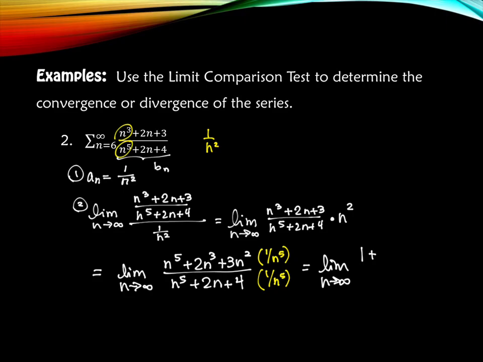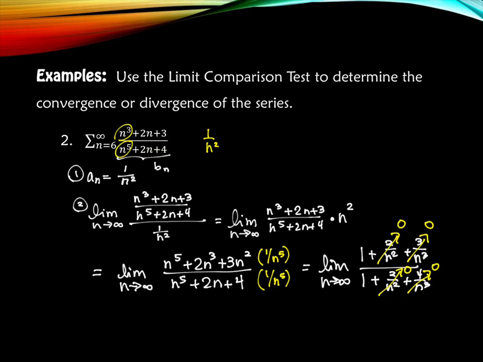So I have 1 plus 2 over n squared plus 3 over n cubed over 1 plus 2 over n squared plus 4 over n cubed. And all of these little pieces that have a constant over n squared, n cubed, whatever they are, if I take their limit as n goes to infinity, these all tend to 0.